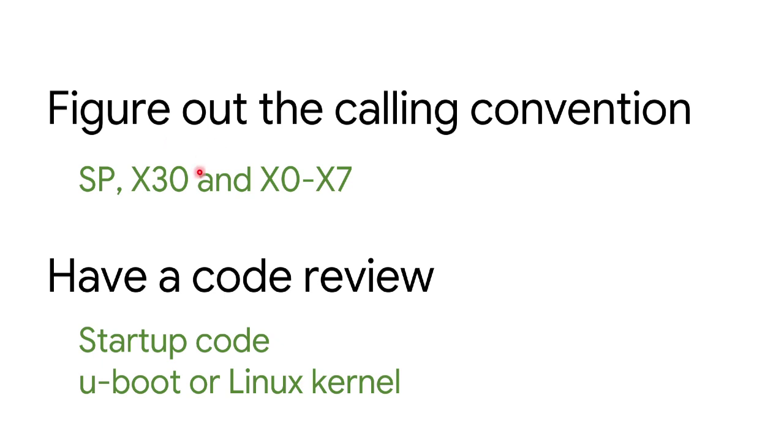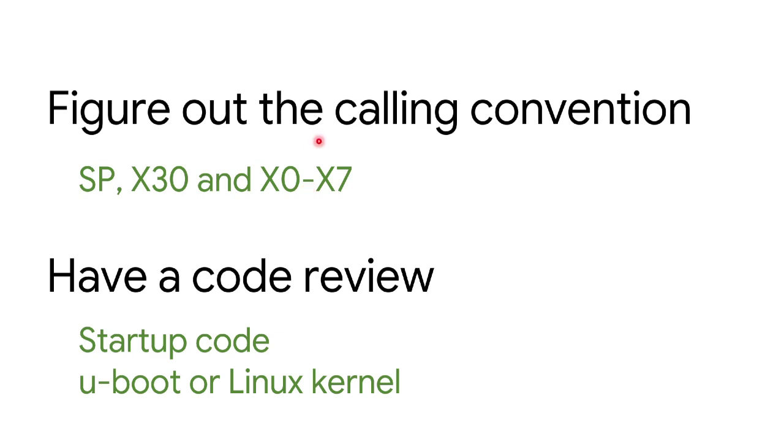In the Armv8 architecture, the SP register is used as the stack pointer of the process, and the X30 register is used as the link register. The X0 to X7 registers are used as the argument registers in the Armv8 architecture.